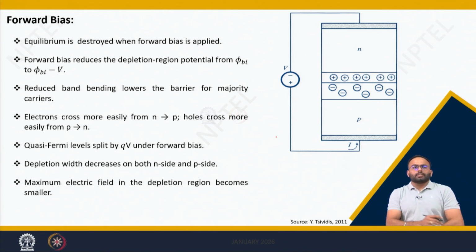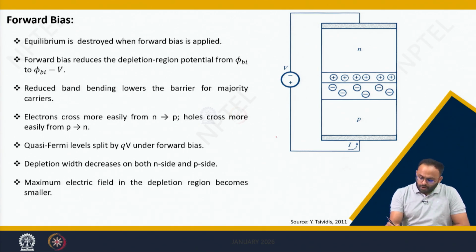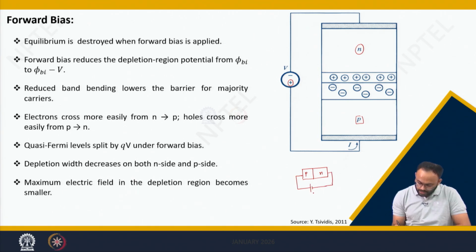After this, let us consider what will happen if a forward voltage is applied to the PN junction. If we apply a forward voltage, meaning the positive terminal of the battery is connected at the P side and the negative terminal at the N side, so you have a P region, an N region, and you connect positive and negative like this.